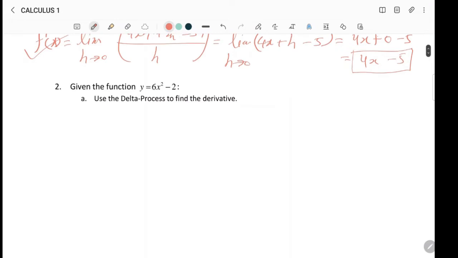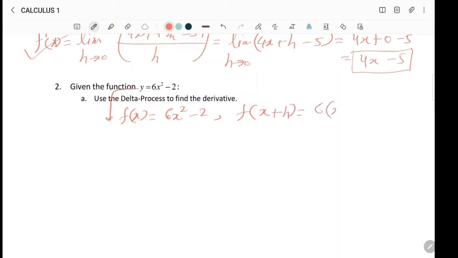Okay, so now we need to deal with the second question that says: given the function y equals 6x squared minus 2, use the delta process to find the derivative. So this y we can write as f(x). So f(x) is 6x squared minus 2, and you know that we need to find f of x plus h as well.